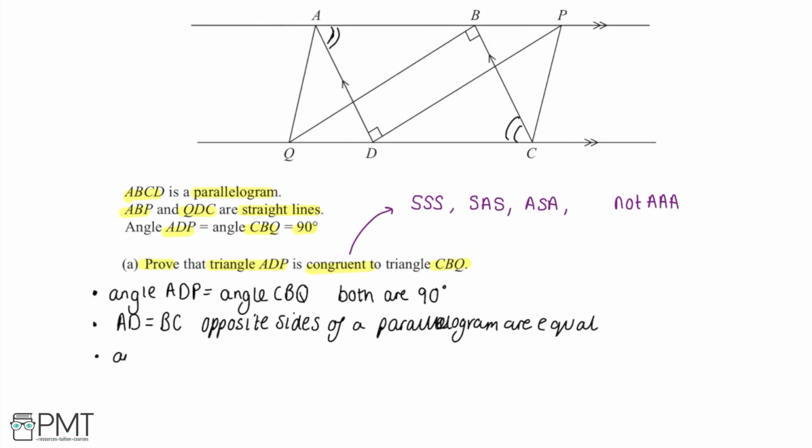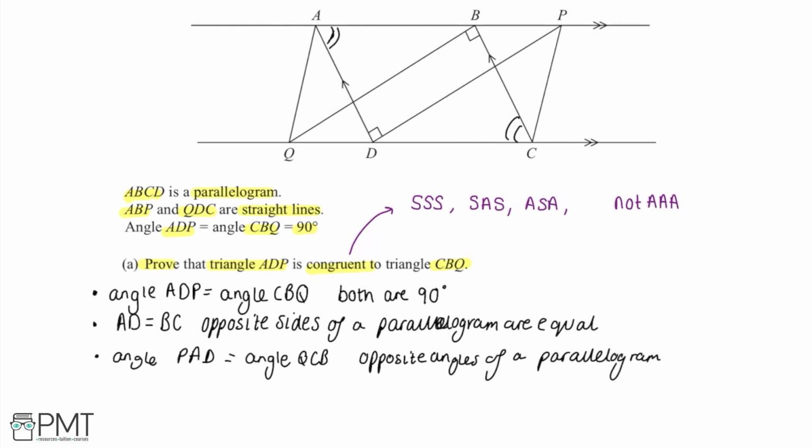So I can write that out as the angle PAD, this angle in here, is equal to the angle QCB. And again, just writing out the reasoning, that's because opposite angles of a parallelogram are equal. So we've given that reasoning here.